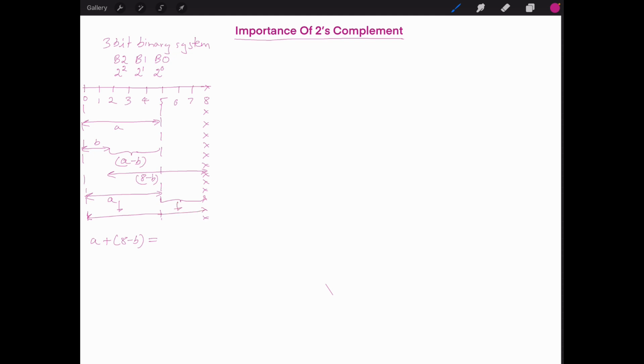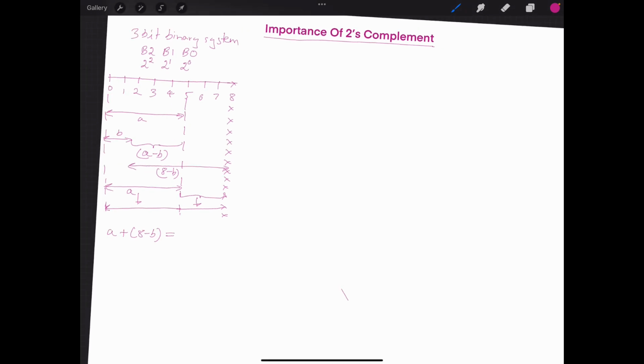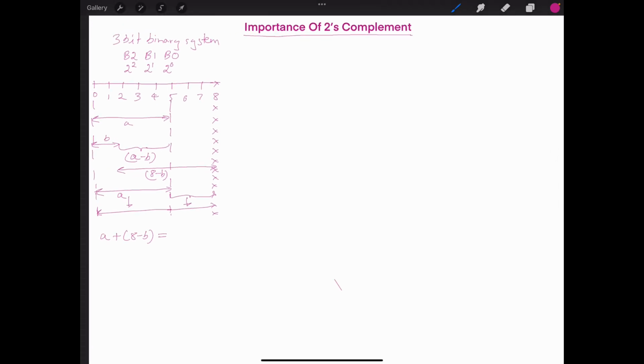All of this together now amounts to 8. So this portion is 8. The remaining portion of 8 minus B, which is this portion, is going to come in here. This particular segment of 8 minus B is nothing but A minus B. So that's what ends up coming up here.